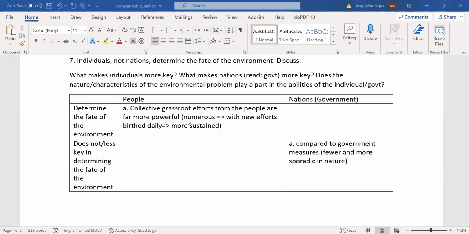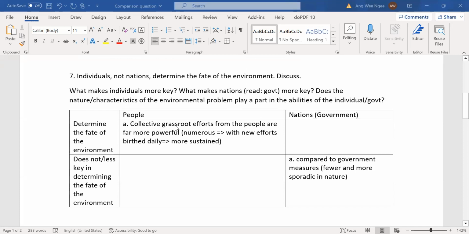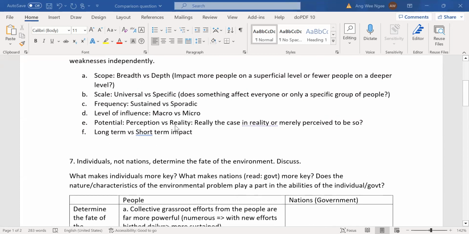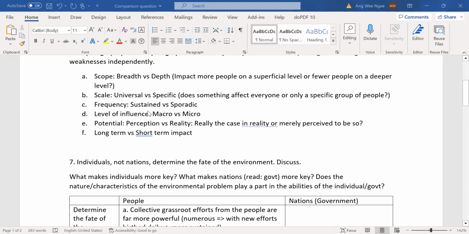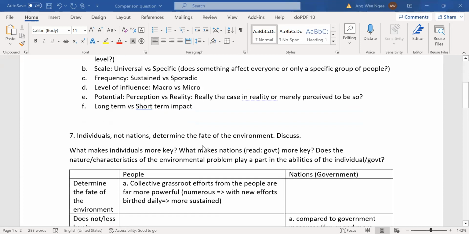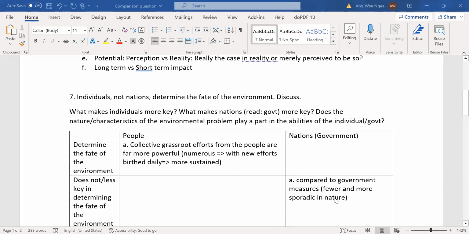Why? Because there are a lot of them, right? With a lot of new efforts implemented daily, right? And so in this case, I can link it to the idea that it is actually a more sustained effort, right? And therefore more effective. As compared to government measures that are perhaps fewer and more sporadic in nature.